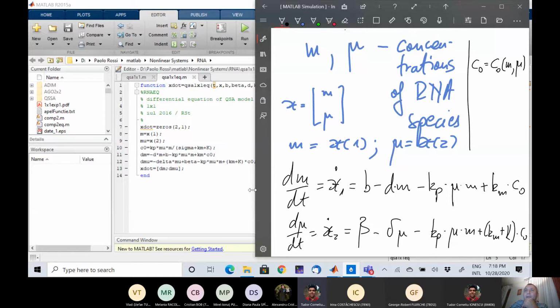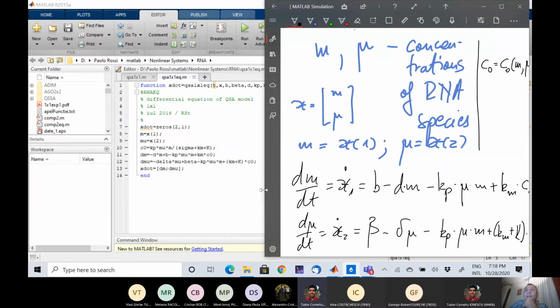These are the equations yielding the derivatives. X dot is the derivative of m, which is x1 dot, and the derivative of mu, which is x2 dot.